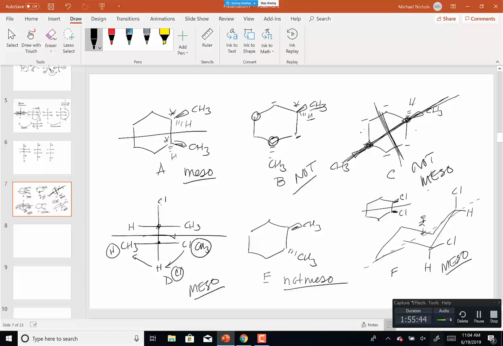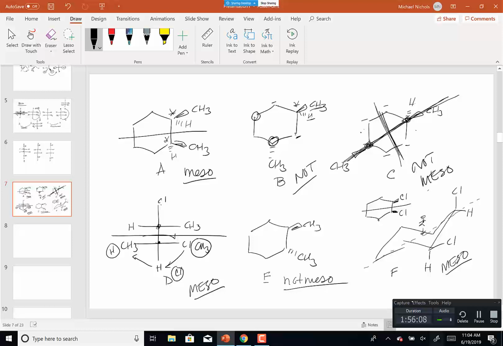Over here we rotated till we found a conformation that was meso. So in conformationally mobile systems, what does that mean? That means that we have different conformations. We have flat chair, flat cyclohexane, chair cyclohexane, different conformations.